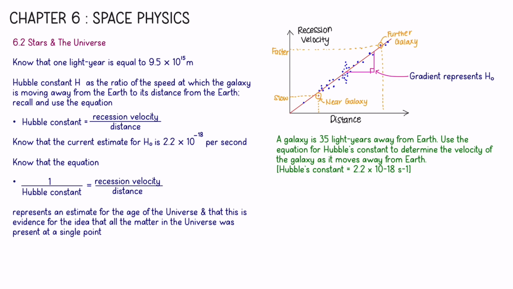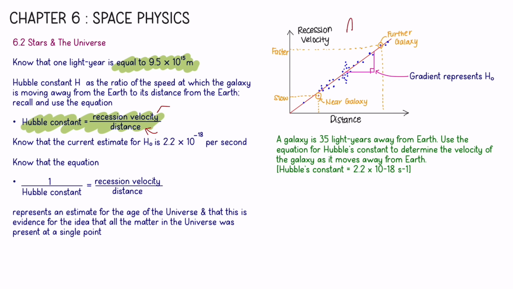And for the second part of this chapter, you must know that 1 light year is equal to 9.5 times 10 to the power of 15 meters, and that the Hubble constant can be calculated by recession velocity over distance. Recession velocity is how fast the galaxy is moving away from Earth, and the distance here is how far that galaxy is from Earth.